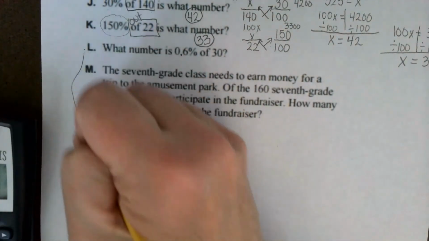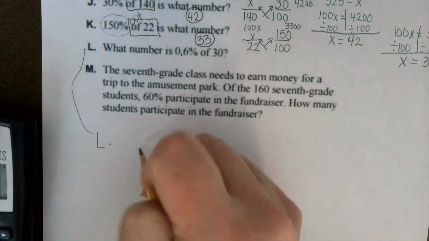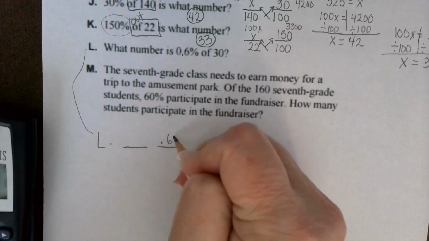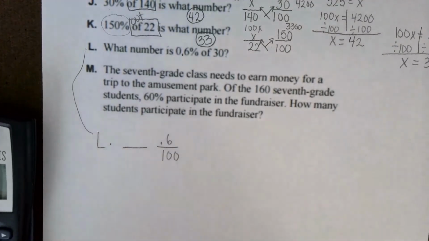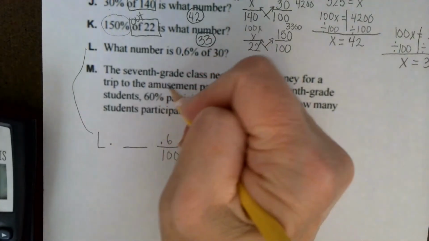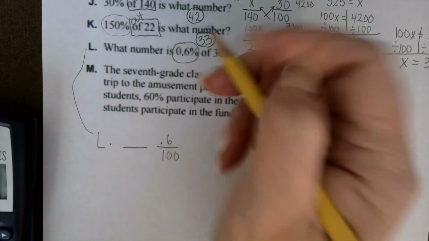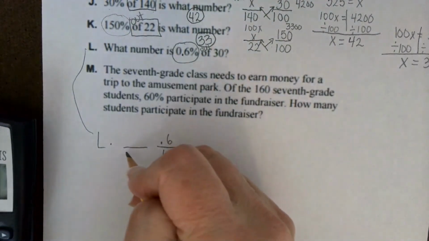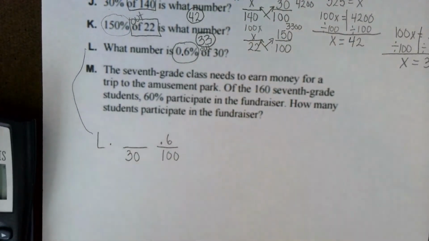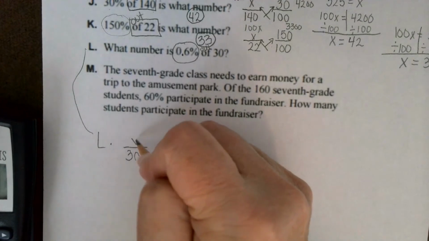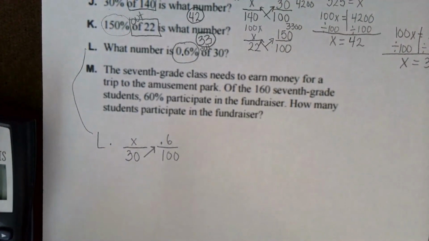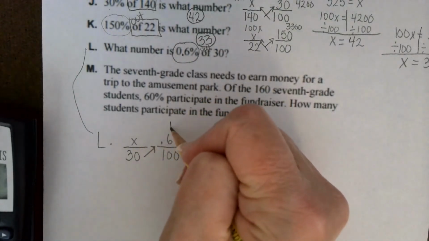So we've got 0.6%, and that is out of 30, which means 30 is my whole, and then I'm looking for the part. We have 30 times 0.6 is 18.